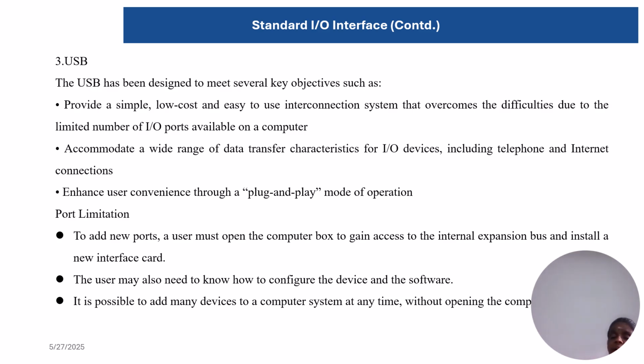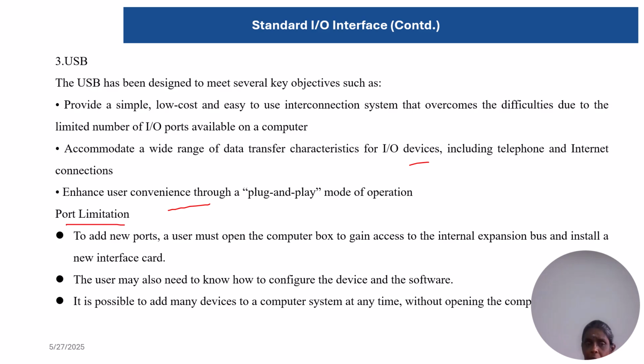Nowadays we all are using USB because there are a minimum number of IO ports available in the computer. Second, accommodate a wide range of data transfer characteristics for IO devices. So normally for communication, USB plays an important role. Third, enhance user convenience. It is user friendly through plug and play mode of operation.